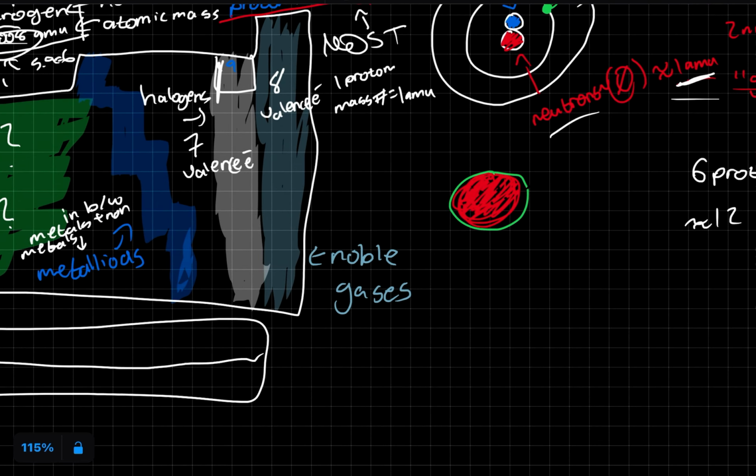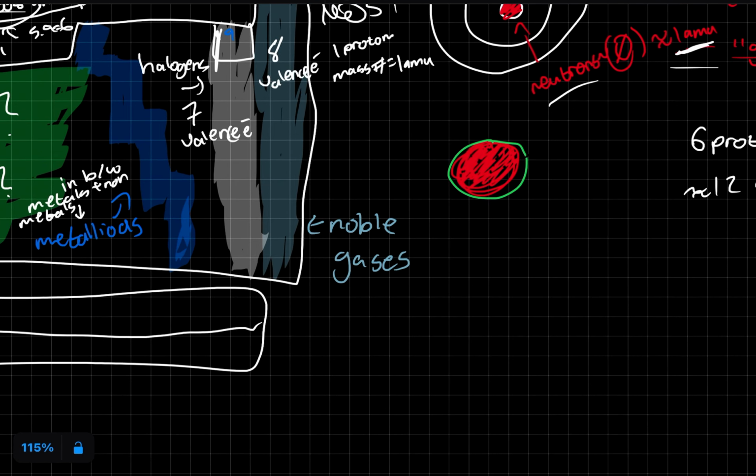Essentially what a full octet means is, there are some exceptions to this rule, but in general, all atoms want 8 electrons in their valence shell. So with 8 valence electrons, they're happy, they're content, they're noble gases, they don't like to bond. They can bond in extreme circumstances, but they won't.